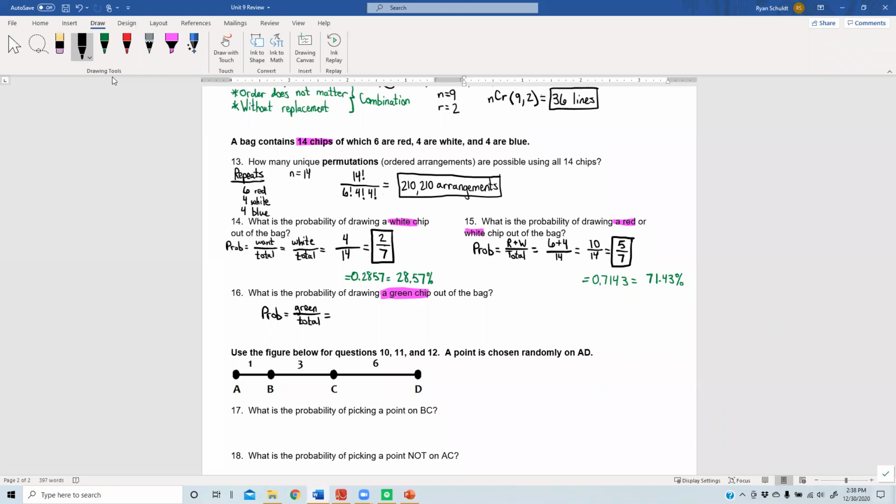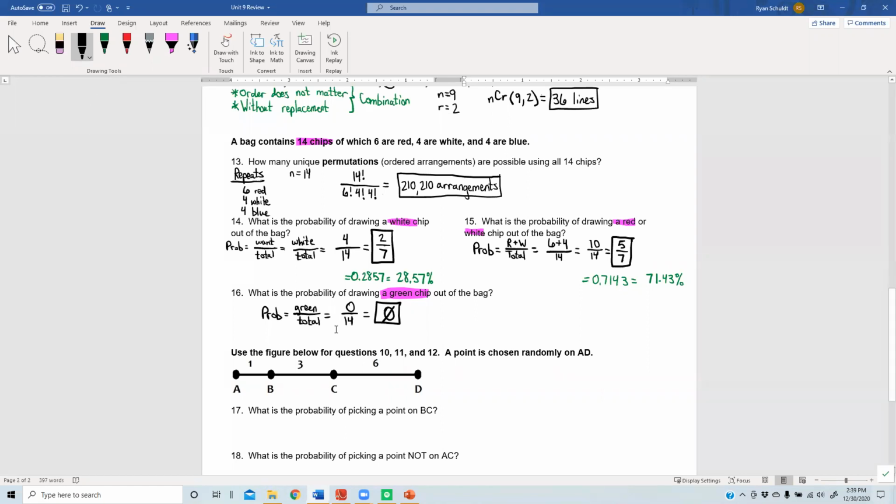I've got red, white, and blue. So no green over 14. 0 over 14 is just 0. 0 is your answer. It can't happen. That's impossible because we only have red, white, and blue. So impossible. Ain't happening.